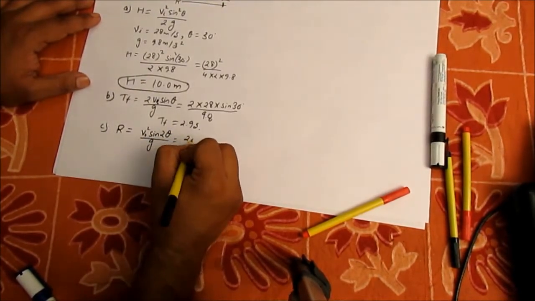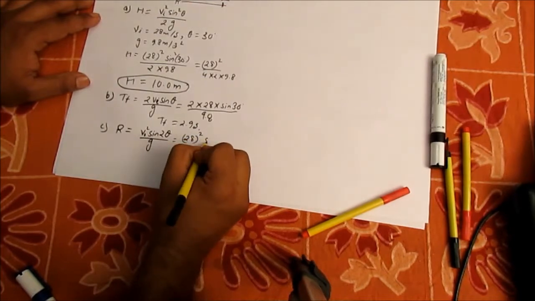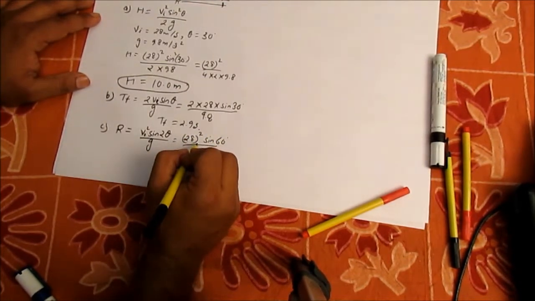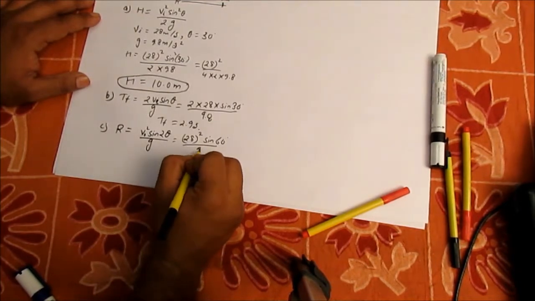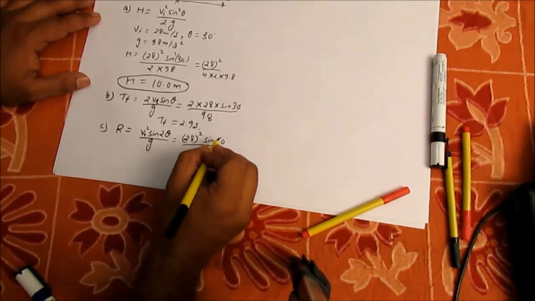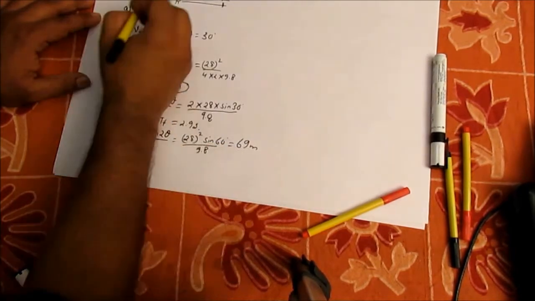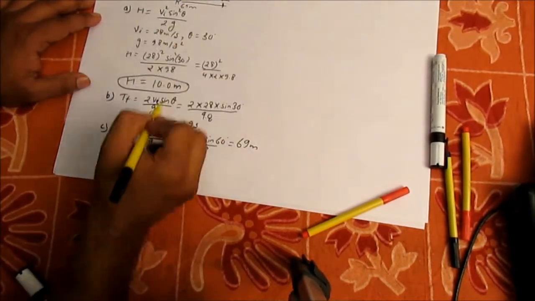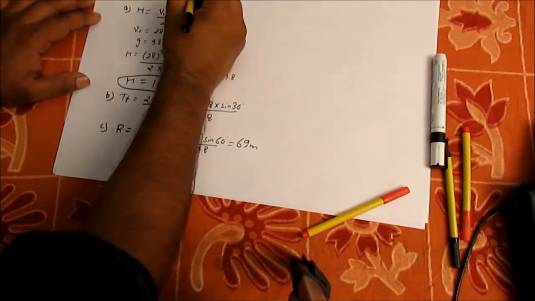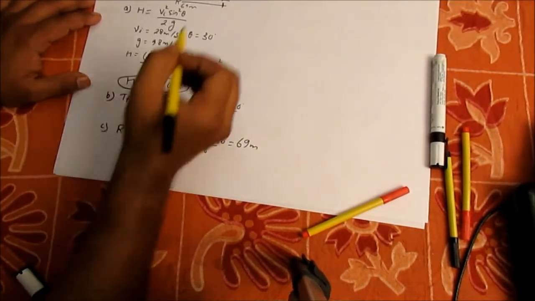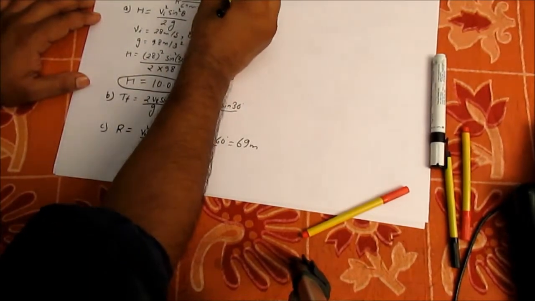So V naught is 28 whole square, and sin 2 into 30 is sin 60 degree, divided by 9.8. So I will get 69 meter. So this range is 69 meter, h is 10 meter, and the duration of flight TF is 2.9 seconds.